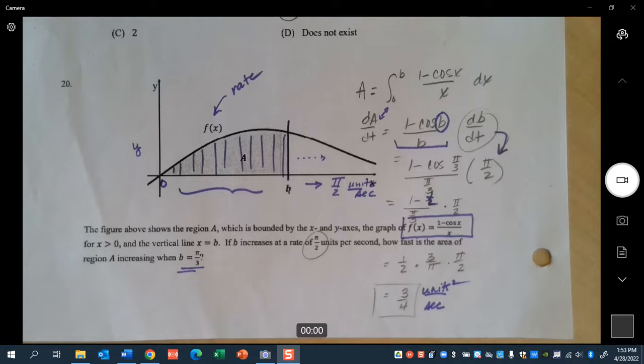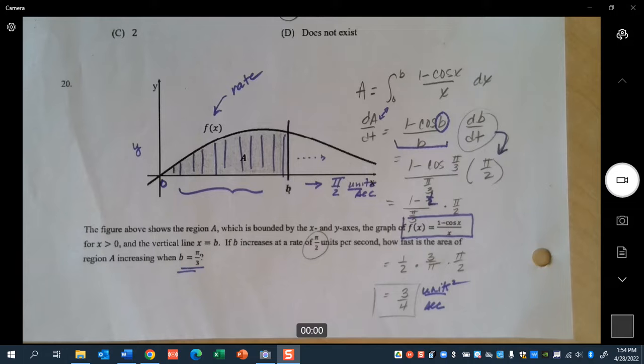And just like all of our related rates problems, if I want to find the related rate at that moment, tell me what input-output value you're talking about at that time. I'm saying how fast is the area changing when b is equal to this. So once I get this value for b, I plug it into my rate function, which is here. So I plug it into my rate function, and 1 minus the cosine of pi over 3, the cosine of that is going to be 1/2.